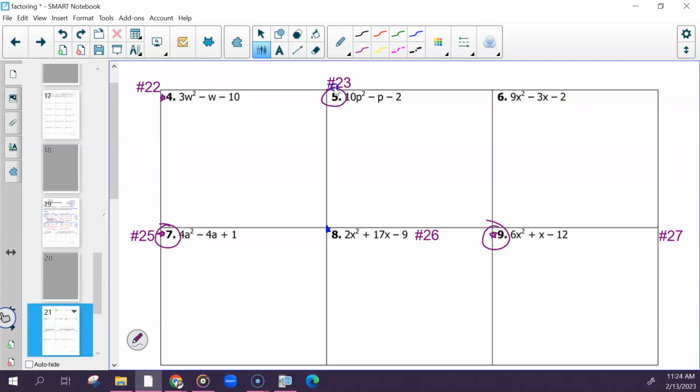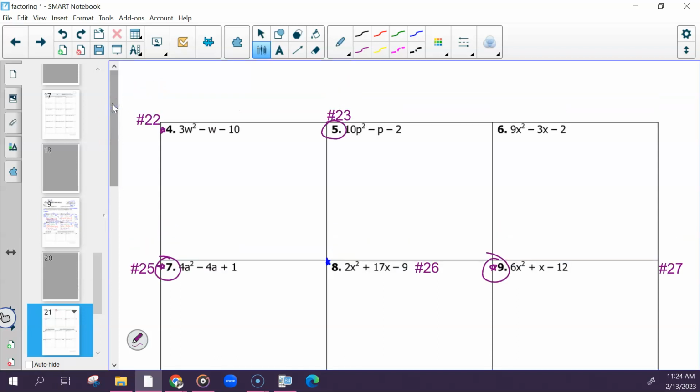So starting with 5. Does that have a GCF? No, other than 1. So then we are multiplying 10 and negative 2 to get negative 20. What is the number in front of P? 1, but negative 1.